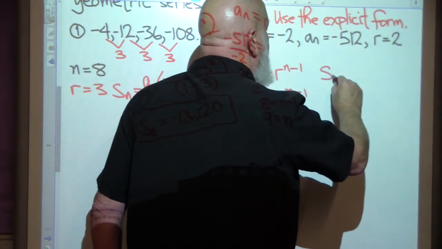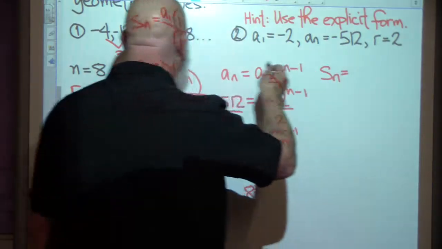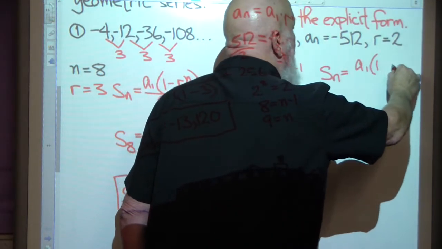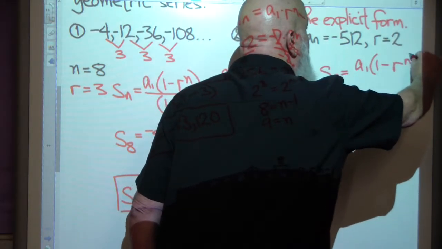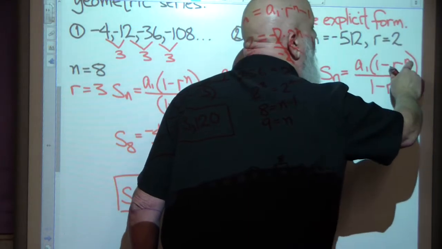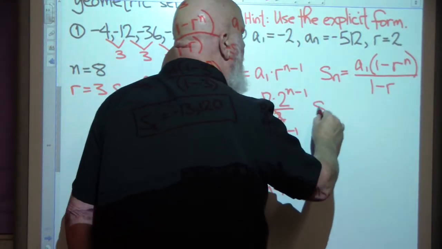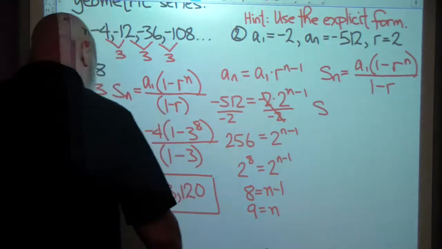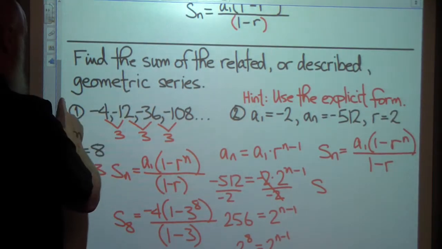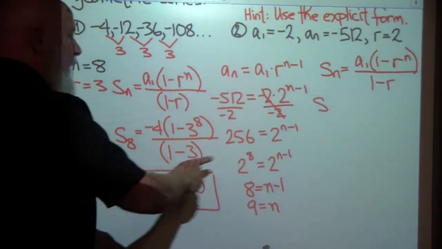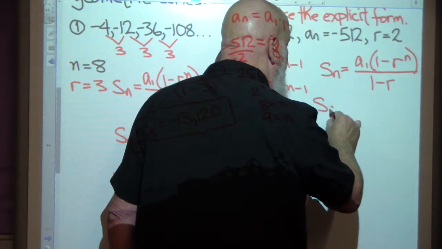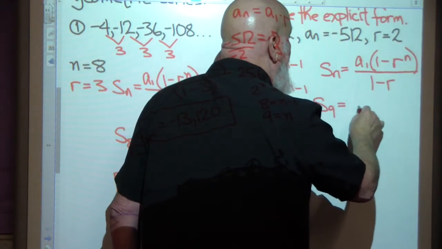The sum of n terms is equal to a sub 1 times the quantity 1 minus r to the n all over 1 minus r. And we just found what n is. We're looking for the 9th term in this case. That's what we just found. I'm brain damaged. Looking for the 9th term.